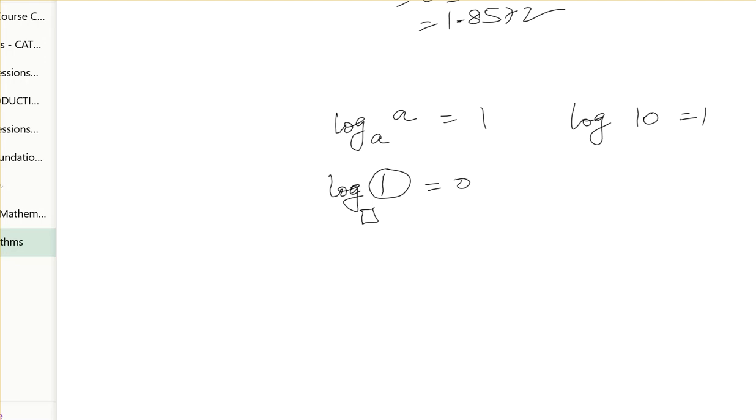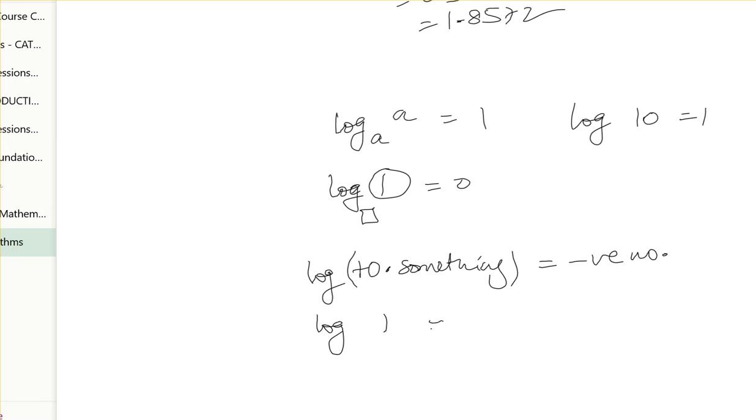That means 0 point something, log 0 point something, positive is equal to negative number. Log 1 is equal to 0. Okay, when the base is greater than 1, then for 0 point something, the answer will be a negative number.